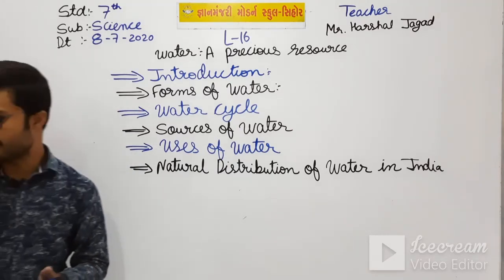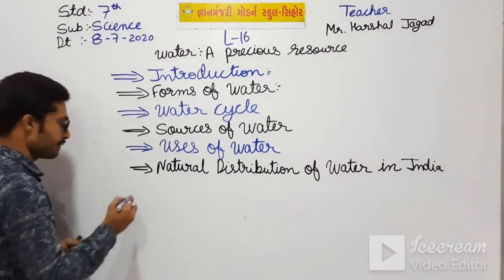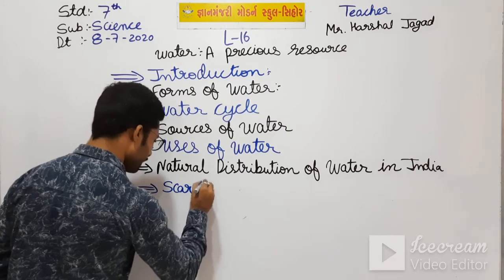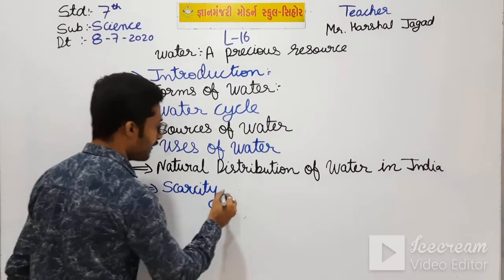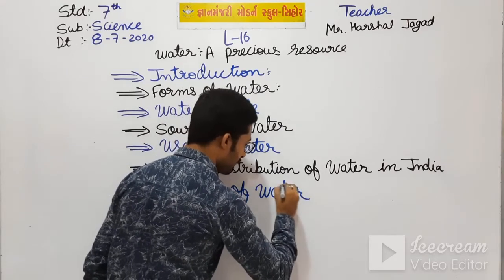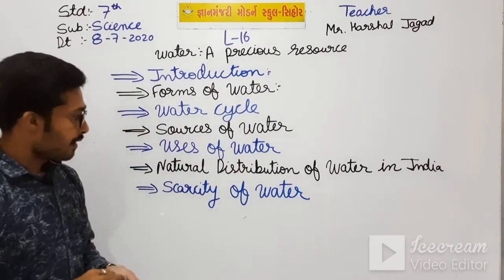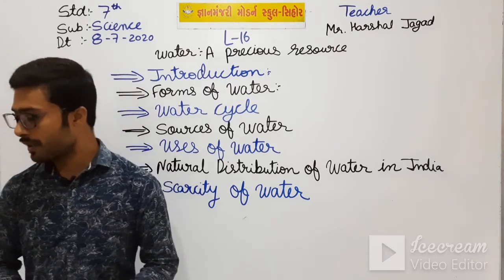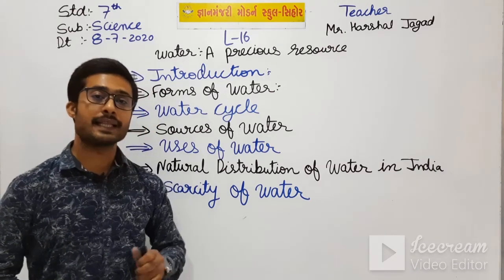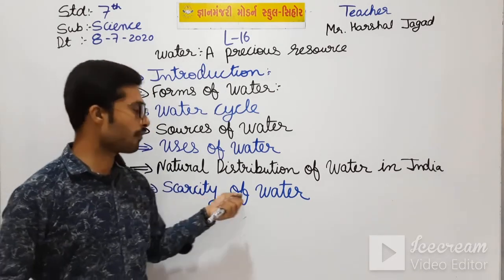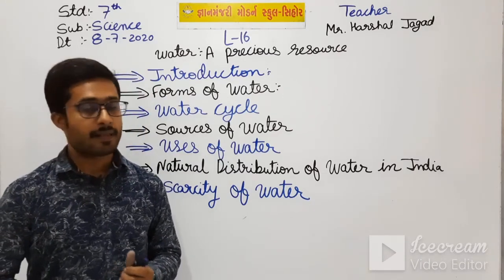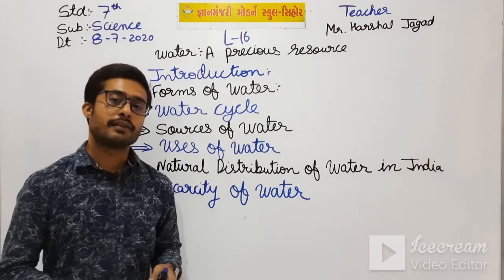Scarcity of water. We have seen that due to increasing population there is scarcity of water, and due to urbanization there is also scarcity of water.